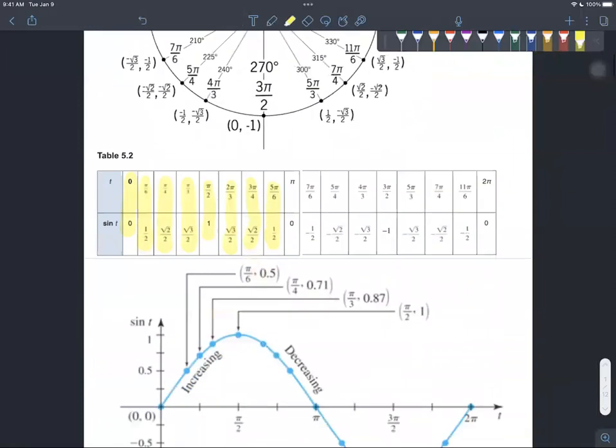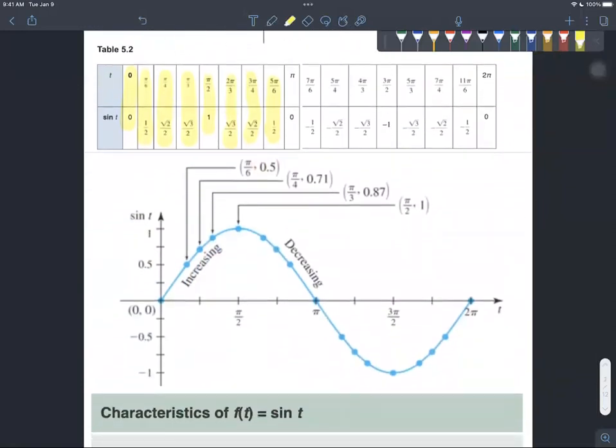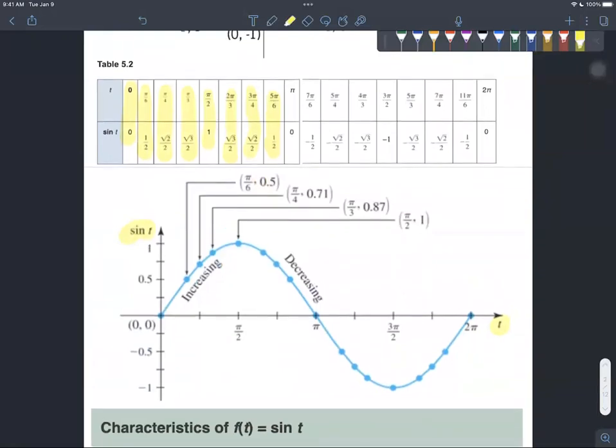And we can then take this chart of values and graph it on the XY plane, or the T, sine of T plane. And we notice that it looks like the maximum value occurs at, and actually let me use a different color here, at pi over 2 radians, and the maximum value that occurs is 1, and that's right here.